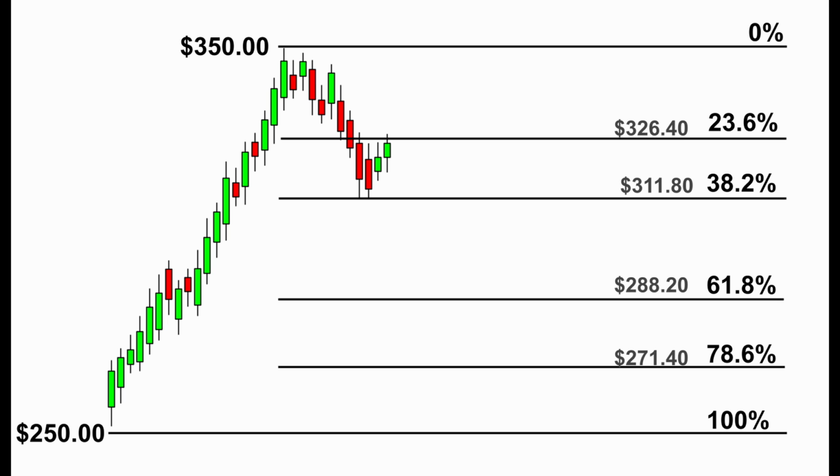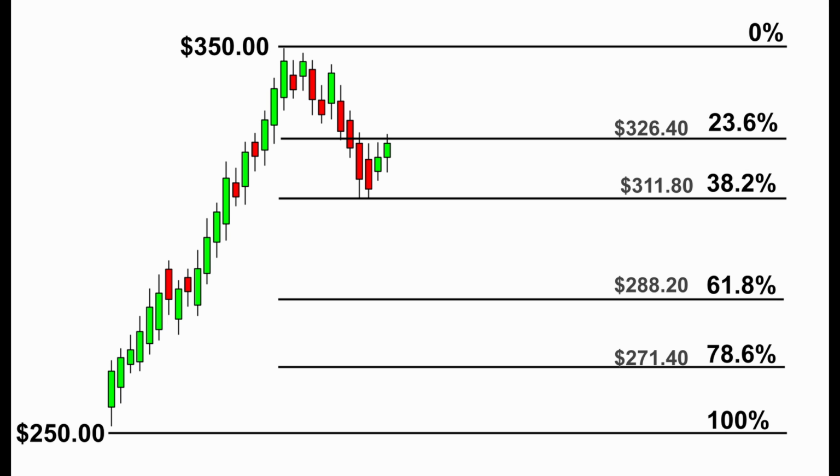The four ratios of 23.6%, 38.2%, 61.8%, and 78.6% are applied to the size of the trend, which is $100. The first retracement level at 23.6% will correct $23.60 from the price high. $100 uptrend multiplied by 23.6% equals $23.60. $350 minus $23.60 equals $326.40.